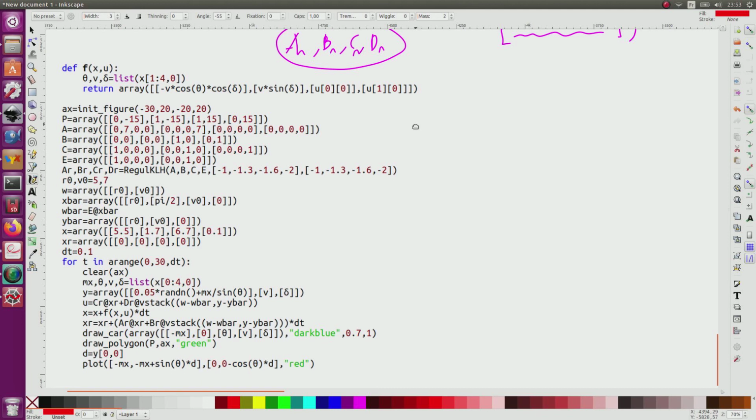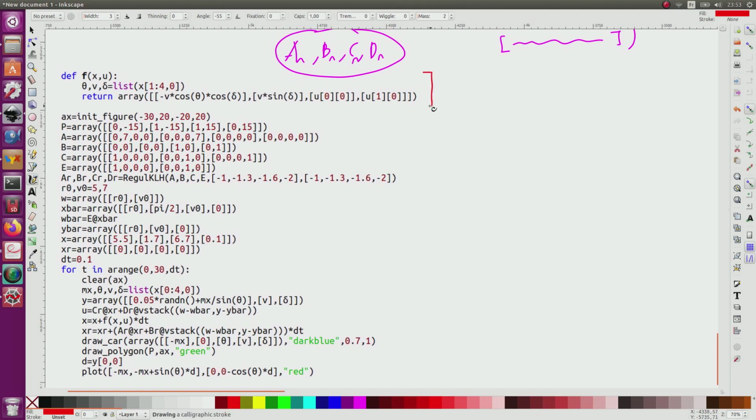I can recognize here my evolution function for the car in my ideal world. Here the matrices that are obtained by linearization, and here the set point matrix. Here my algorithm KLH will give me the state matrices for my regulator. Here I ask to have a distance to the wall of 5 and a speed equal to 7. It is what I want. So it corresponds to my set point, W.